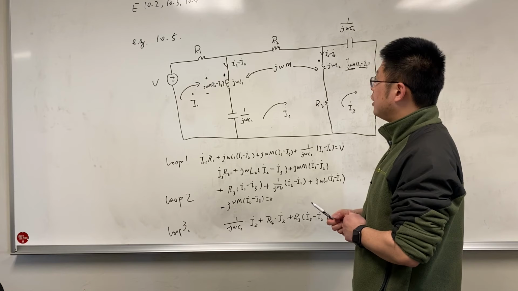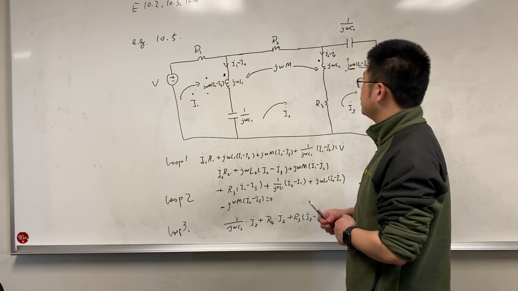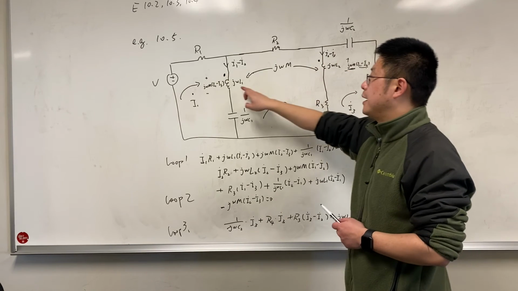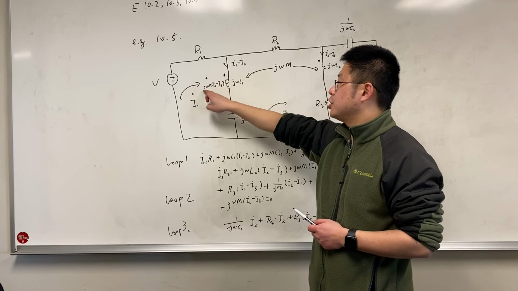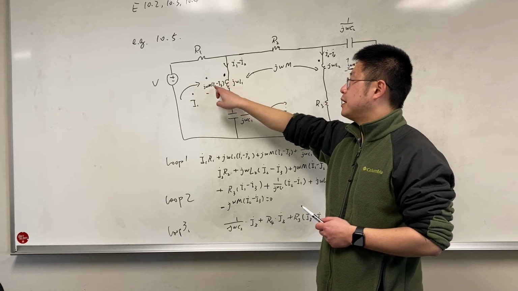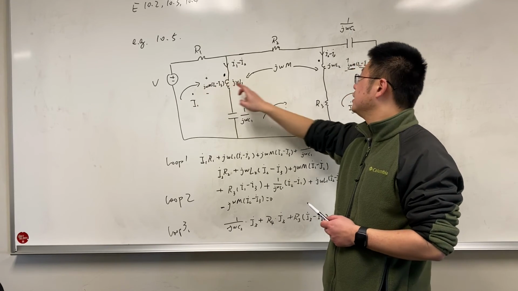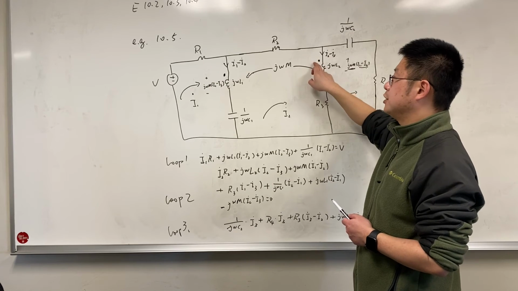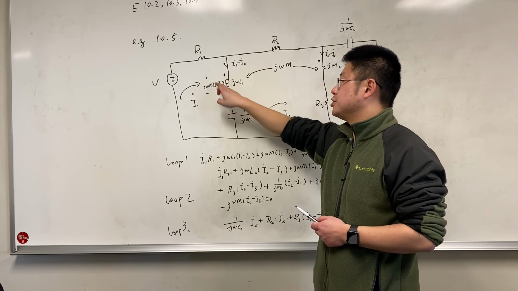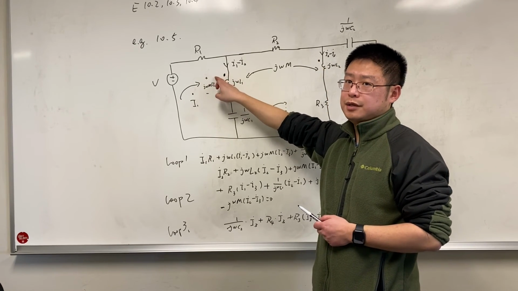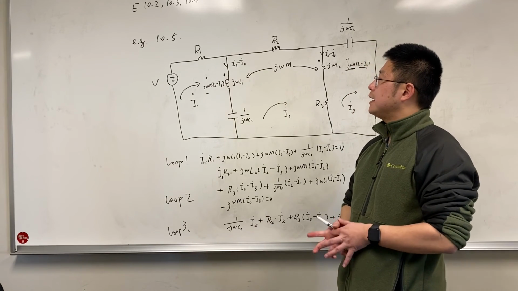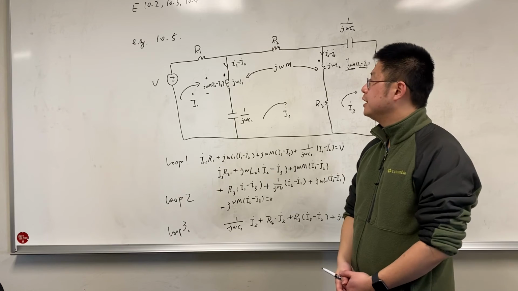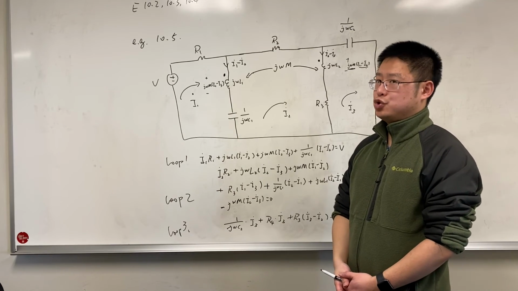Similarly, the voltage generated by I2 minus I3 on L1 is j omega M times I2 minus I3. Because I2 minus I3 enters the dotted terminal, this voltage is positive at the dotted terminal. Once we figure out the induced voltage, we can apply KVL on each loop.